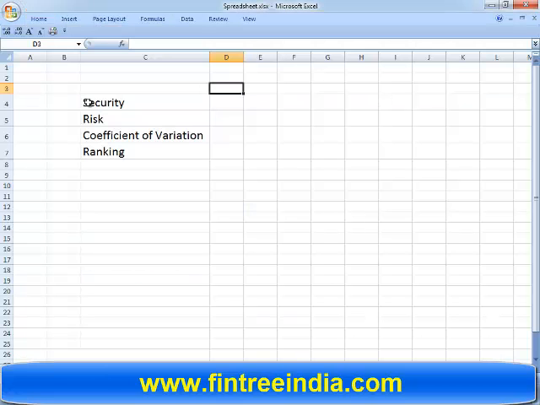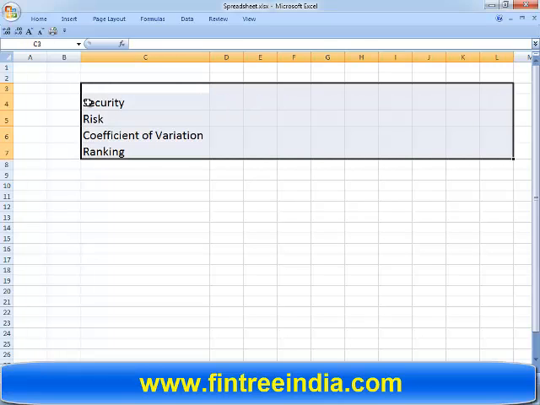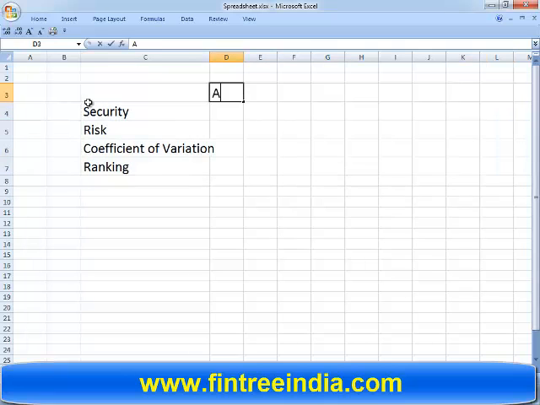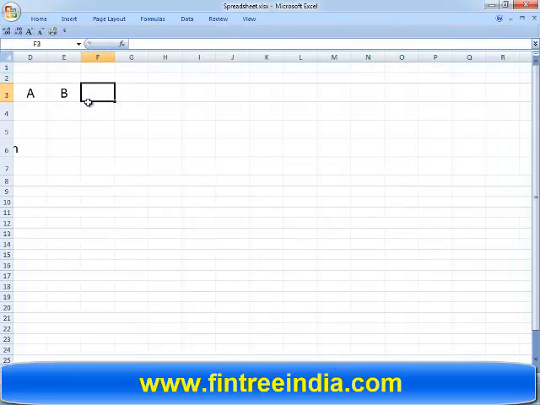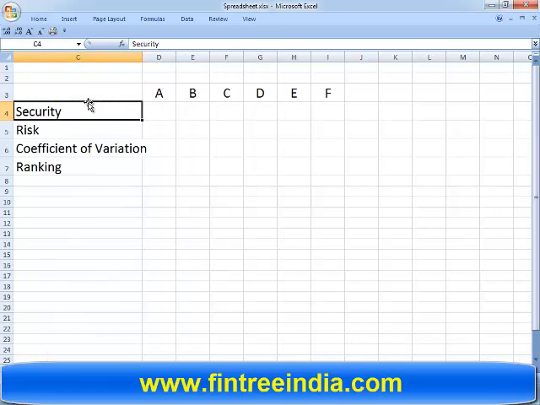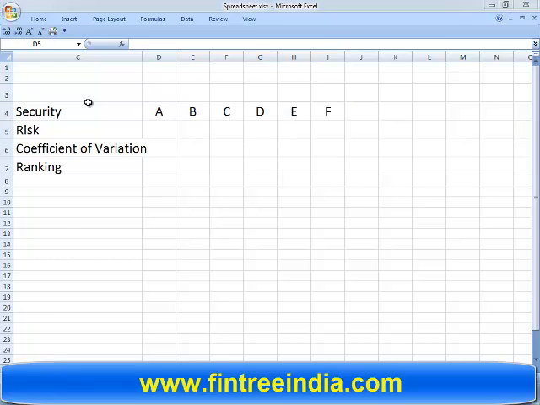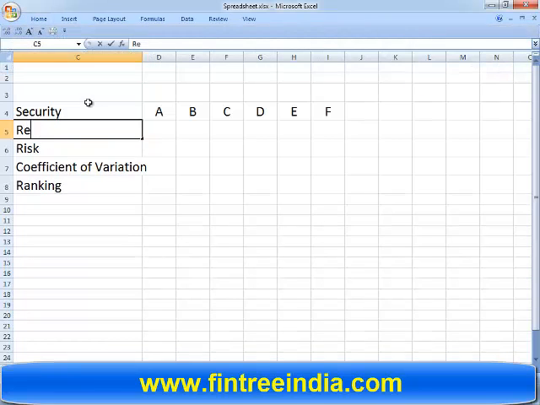Let's go and plot the securities. See all the securities here now. So A, B, C, D, E, F. Where does it go up to? It goes up to F. A, B, C, D, E, F. These are my securities. We missed the returns.